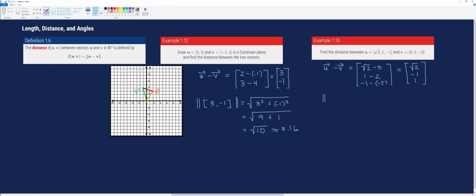Next, we get the norm of this new vector, which is equal to the square root of 2 squared plus negative 1 squared plus 1 squared, which is equal to the square root of 2 plus 1 plus 1, which is equal to 4, or positive 2.